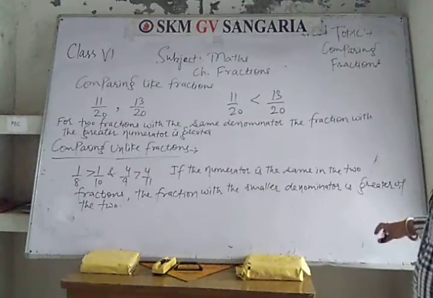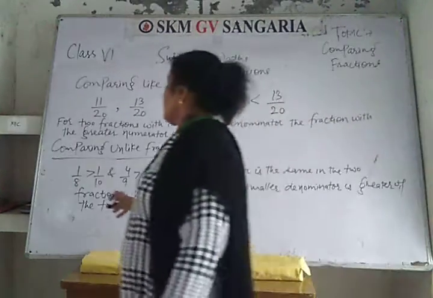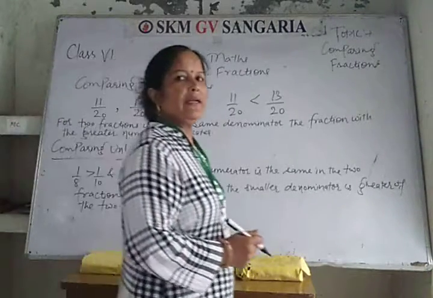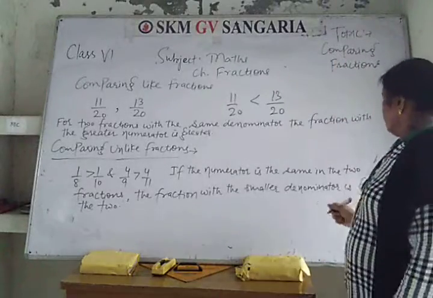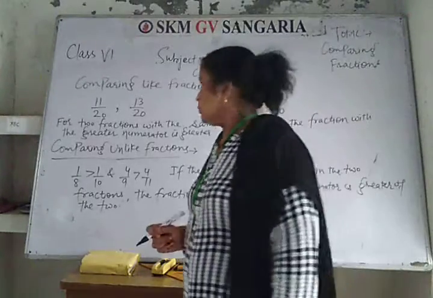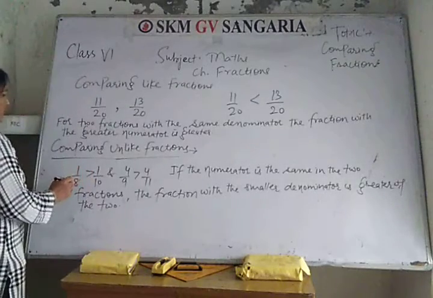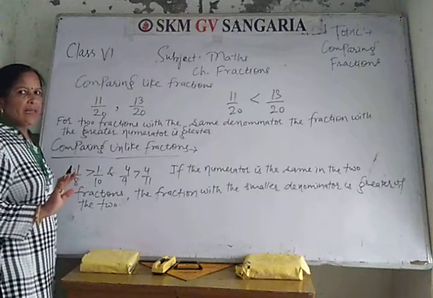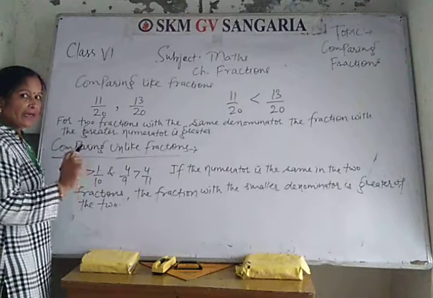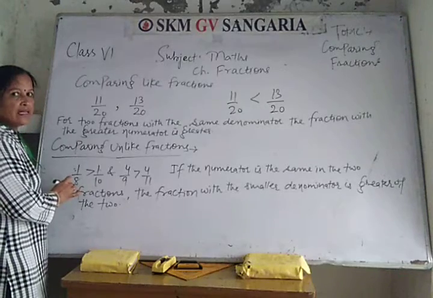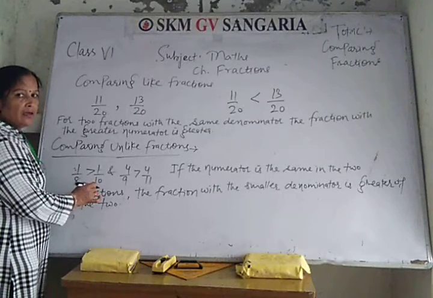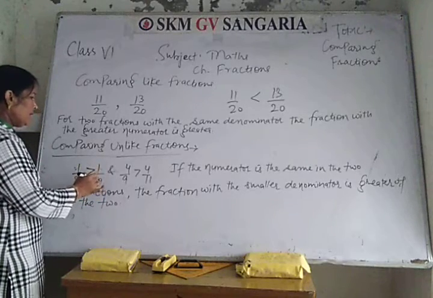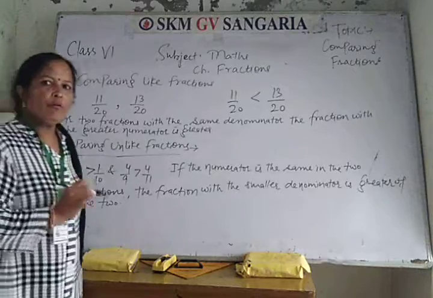If the numerator is the same in both fractions, the fraction with the smaller denominator will be considered the greater of the two. So here 1/8 and 1/10: the numerator is the same, 1, and the greater fraction is the one whose denominator is less than the other's. So 1/8 will be greater than 1/10.